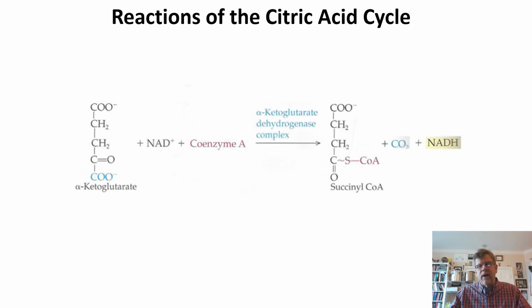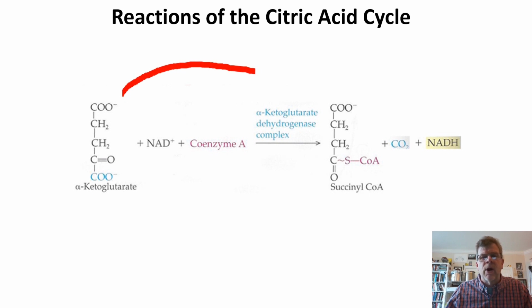We find another oxidation, or what is considered an oxidation. It's not as obvious here. Going from alpha-ketoglutarate, we pick up coenzyme A to become succinyl-CoA. This is not as obvious when we're talking about whether this is an oxidation. However, I know it is an oxidation.